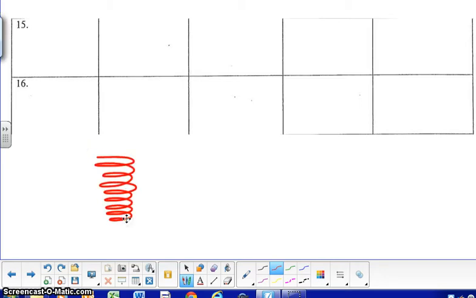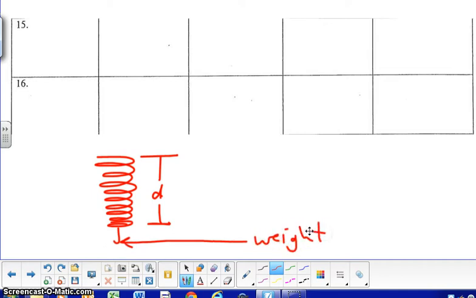The distance, from here to here, of this spring varies directly as the weight of the object. So imagine some hook and there's some weight being pulled on it. If the distance gets bigger, what does that mean about the weight? That means the weight must have gotten bigger as well. So that's the whole idea with Hooke's law.